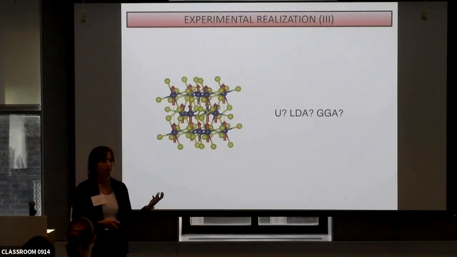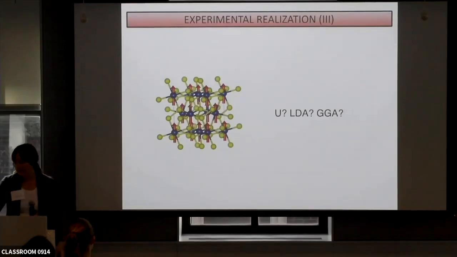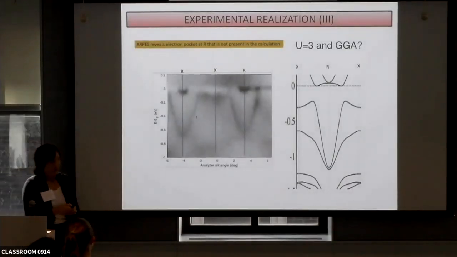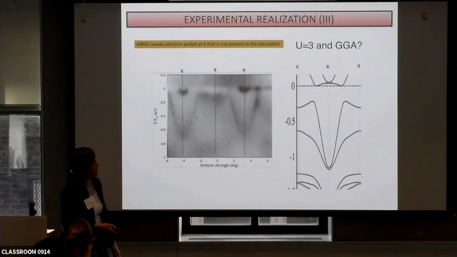So now, what do we do with the calculations? What is the value of U? Which pseudopotential should we use, LDA or GGA? Thanks to Niels, whom we have in the team, he did ARPES measurements, because the first calculation we did was with U equals 3 and GGA, which is what is usually used, the parameters for 3d transition metals.